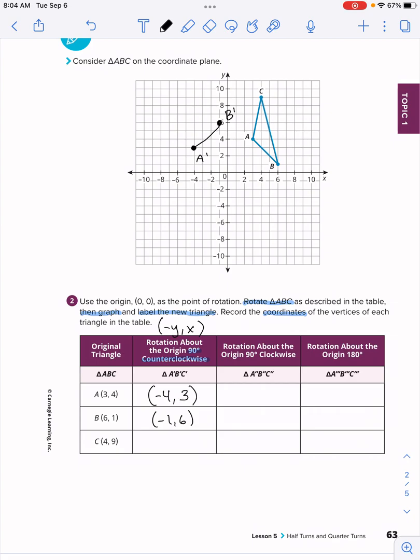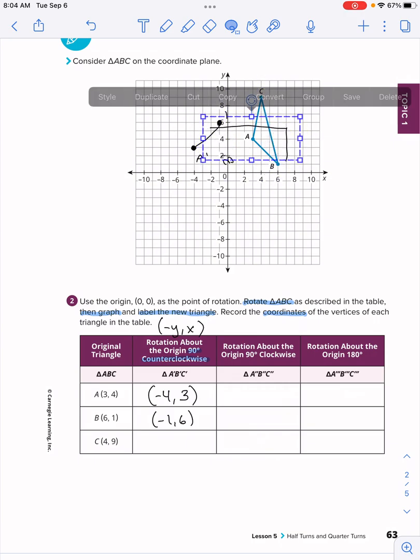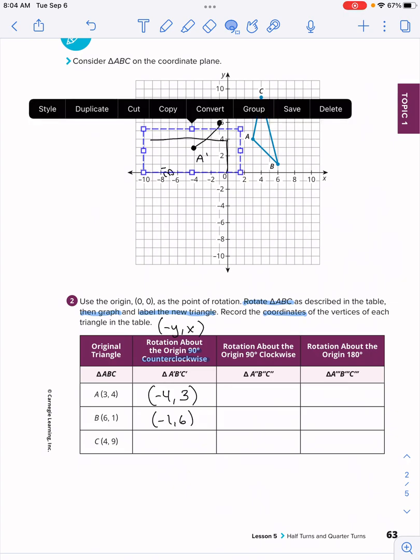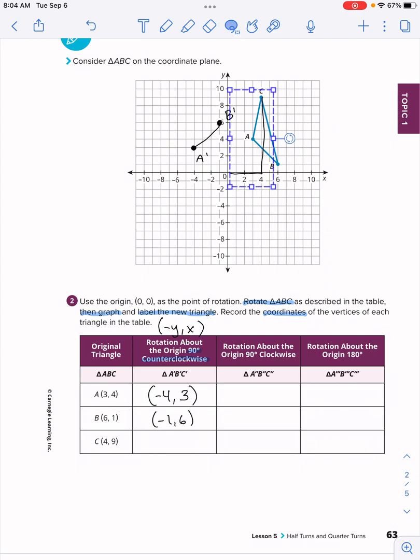And the last one looks like it is 4 right and 9 up. I'm going to be taking B with me here, but 4 right, 9 up. This will be 4 up, 9 to the left.